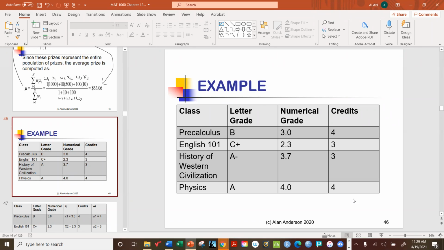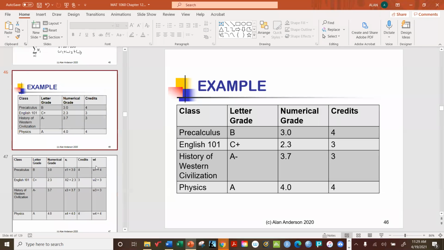What we want to know is, what is the student's GPA for the semester? It looks good, but we want to know exactly what it is. So I've expanded the table in the next slide to show you how we could approach this as a weighted average.